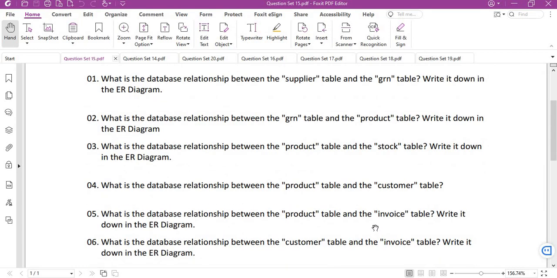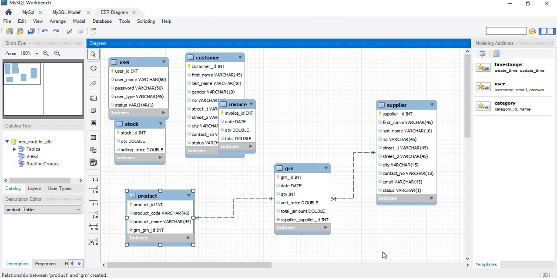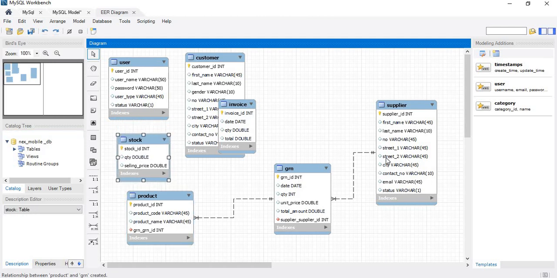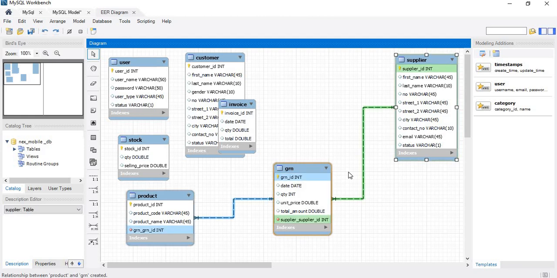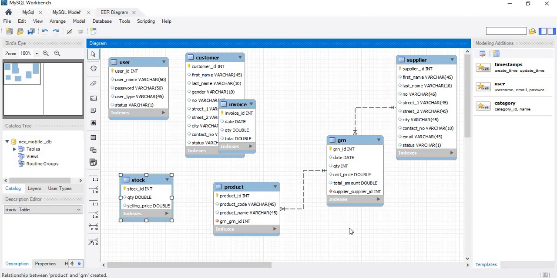What is the database relationship between product table and stock table? Write it down. So we will see the relationship between product table and stock table. Where is the stock table? Here is the relationship between product table and stock table. In a stock there can be many products, while a product cannot have many stocks.